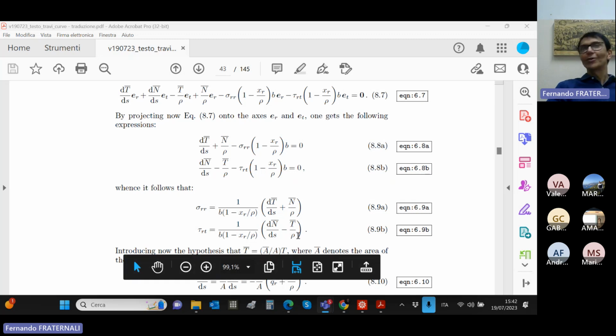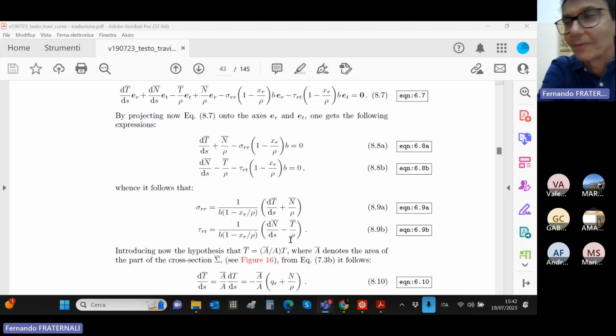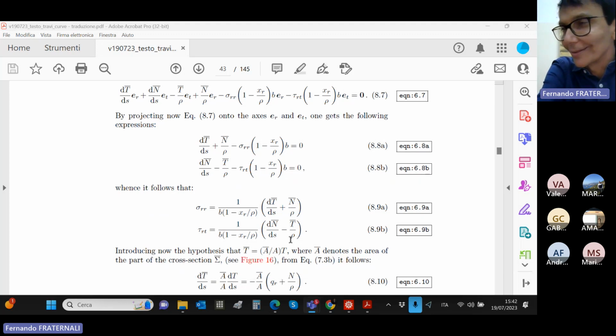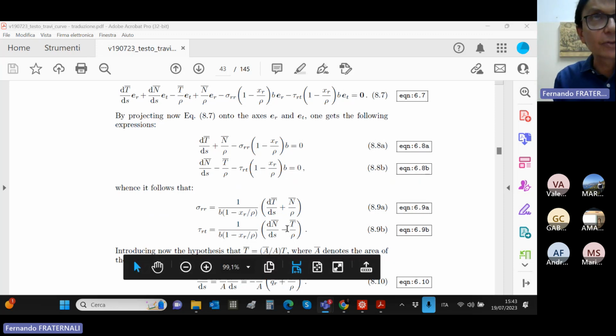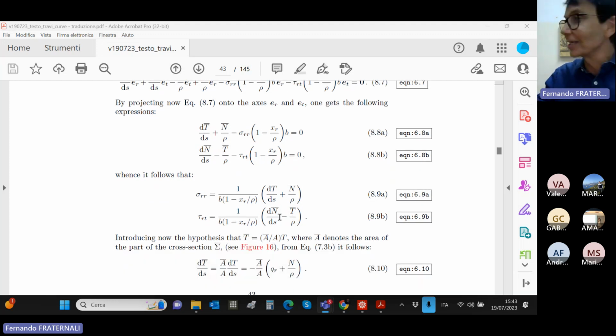This one is more customary for students and researchers in structural mechanics, because this is basically the Jourawski formula for the shear stress. This term goes to 0, but we are still not at the Jourawski formula. We will be at the Jourawski formula shortly. The other one is a new formula for the sigma RR.